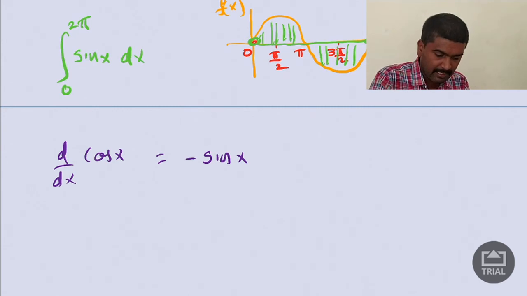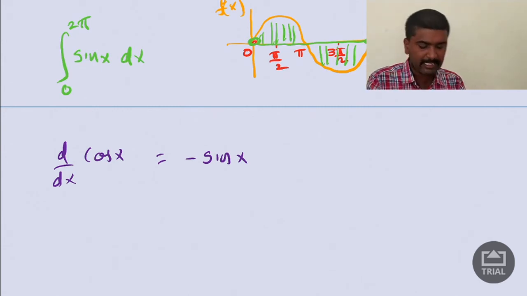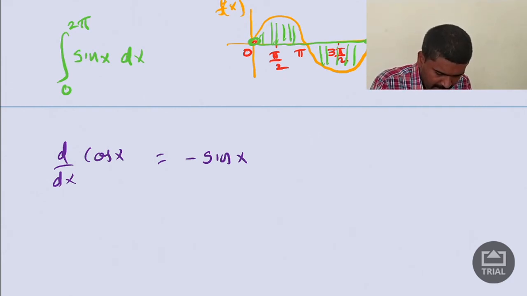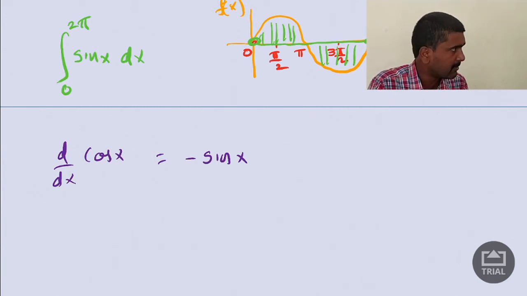Now sin x dx in this equation is the area under the sine curve when your x goes from x to x plus delta x. So this is what sin x dx is.